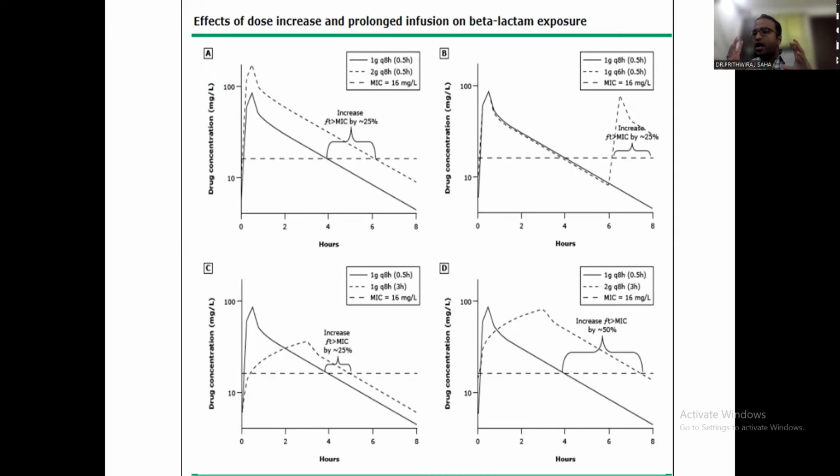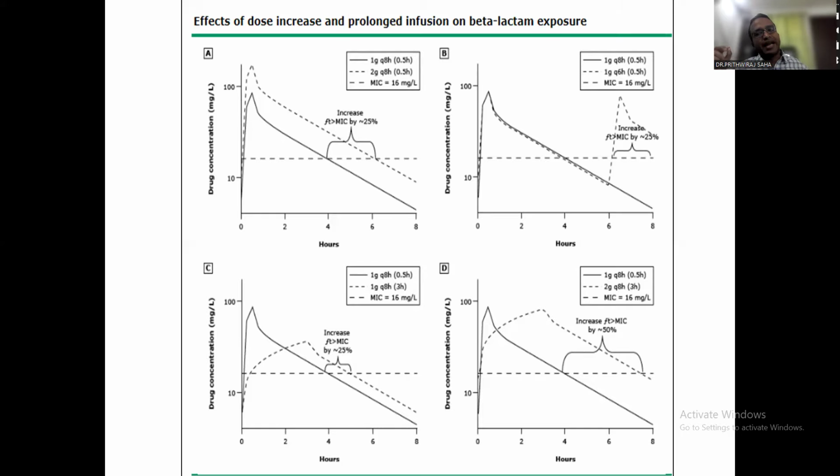So by doing all this, you cannot go above 2 gram TDS, right? I have explained you cannot go 10 gram TDS, killing the liver and kidney and making the patient microbe free. So that's not the good thing to do. But you can go up to 2 gram TDS. By going 2 gram TDS, you can catch up with the bug of meropenem with an MIC of 8 to 16. So above 2 is resistant.